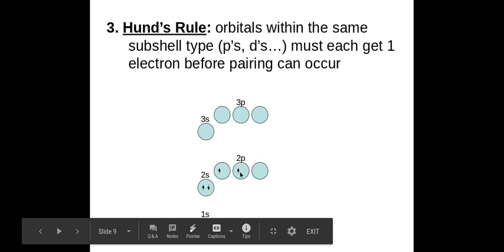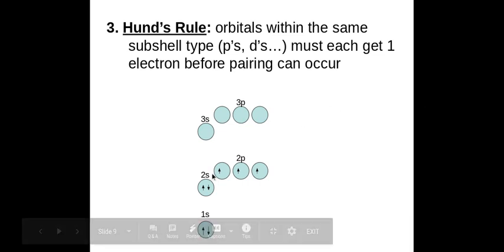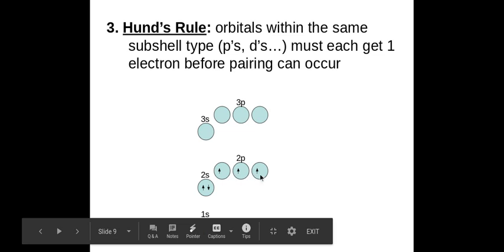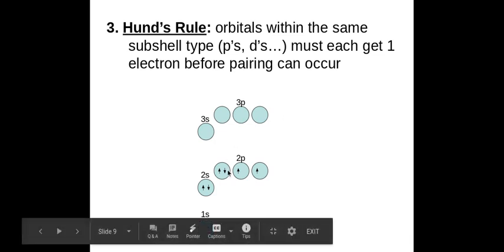It's going to be put there as an up arrow. We spread them across the subshell first before someone gets a pair. So here, we have 7 electrons, and we have an even distribution of electrons across the subshell. If we went to an element that had 8 electrons, then we would start to pair them.